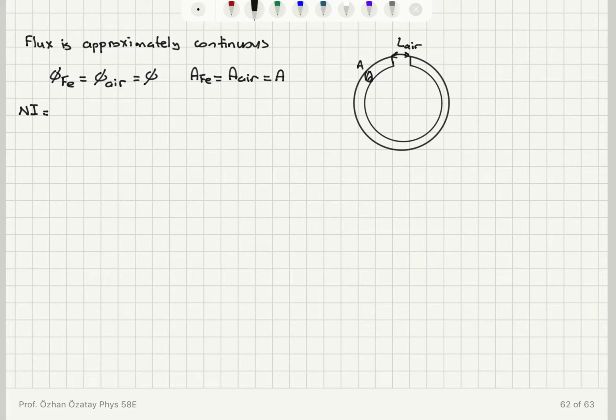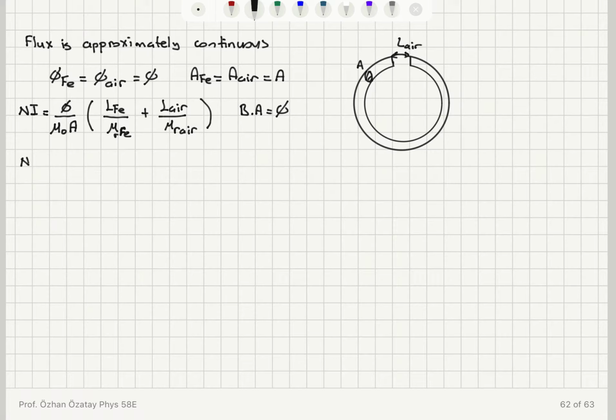Magnetomotive force is flux divided by mu 0 A times length of the iron divided by mu r for iron plus length of the air divided by mu r for air. And B times A is our flux phi.